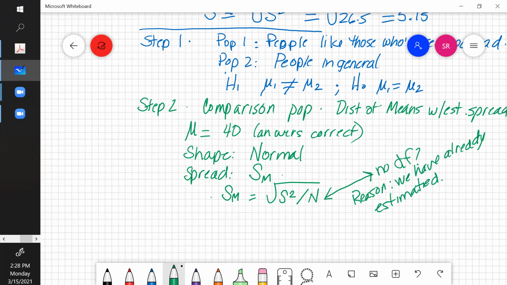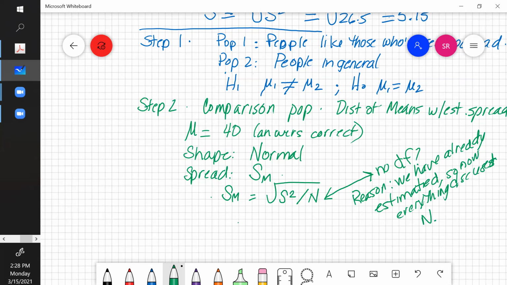So we have already estimated, so now everything else will use n. When I say I've already estimated, I mean that when we calculated the standard deviation, we took the sum of squares and divided by degrees of freedom, and that was our estimate.